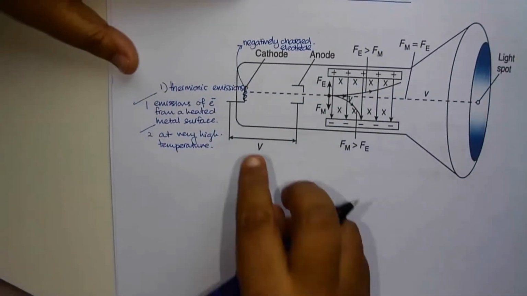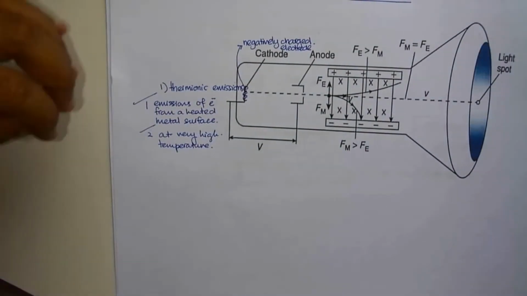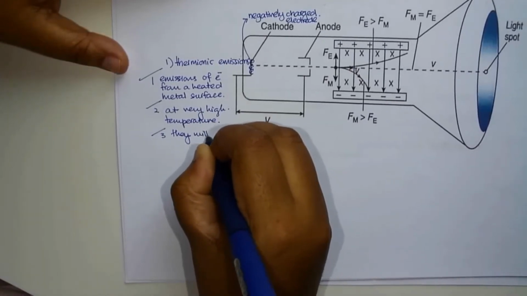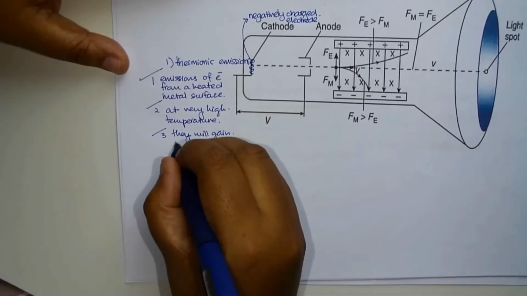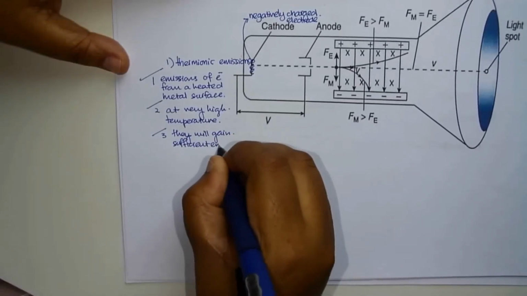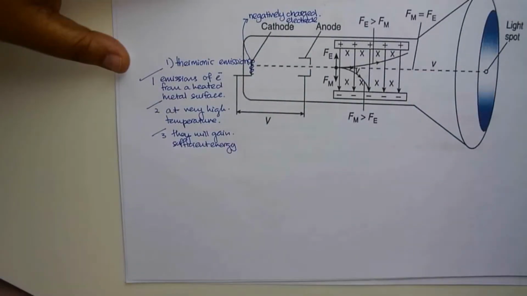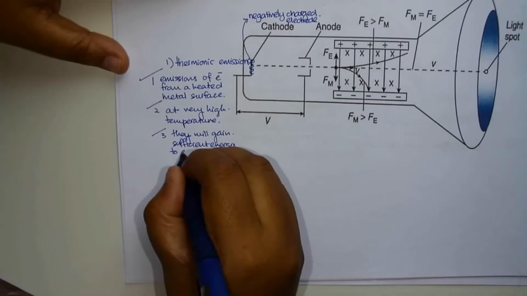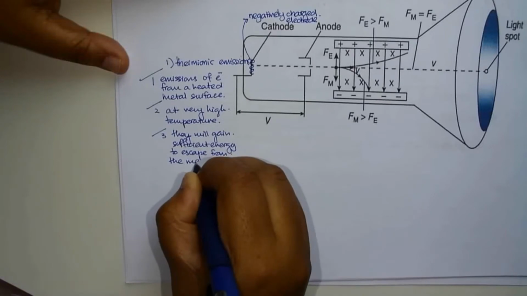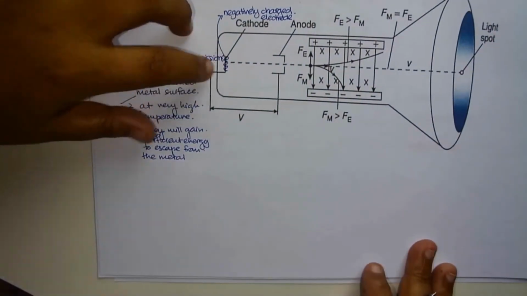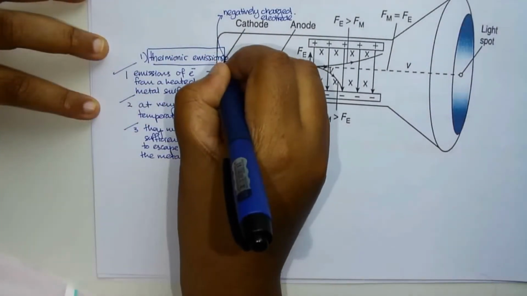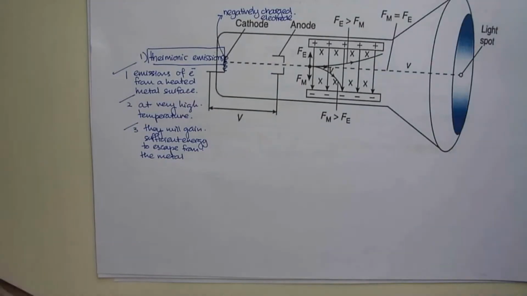And some of the free electrons will gain sufficient energy to escape from the metal. So this is what happens in this process here. It is thermionic emission.